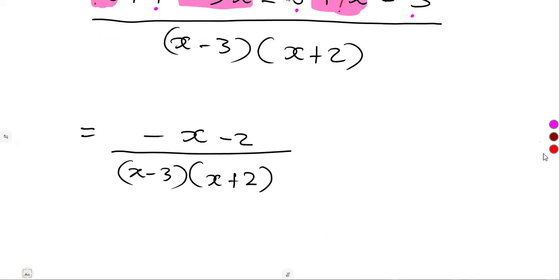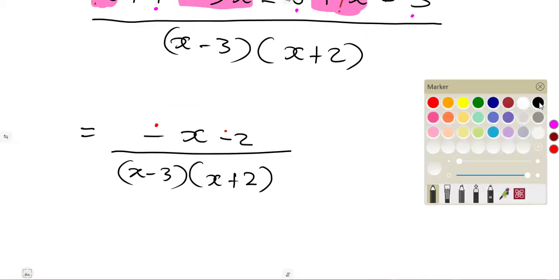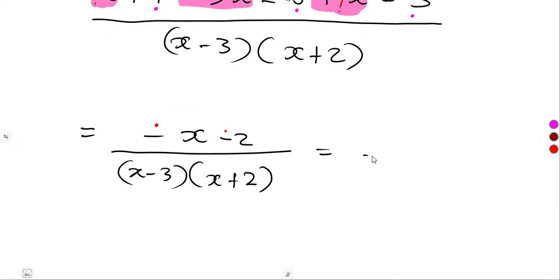But if we look closely into the numerator, we can see that a negative there is common. Why not factor it out? So we're going to factor out the negative, so that negative x divided by a negative will give us positive x. Negative 2 divided by a negative will give us a positive 2.